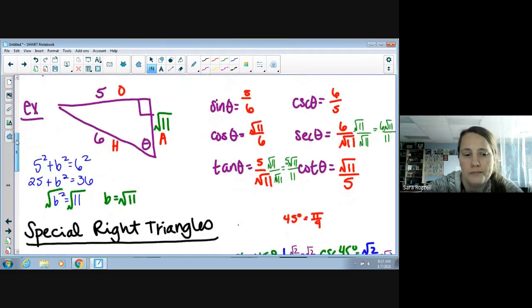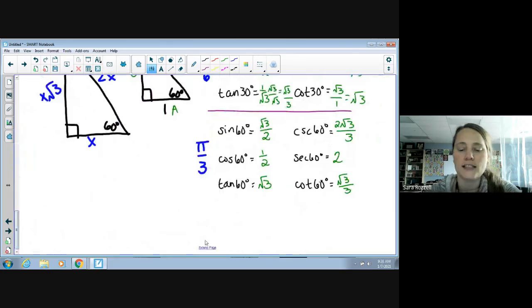Okay. And then our very last thing for today is to solve all of the pieces of a triangle. So we're going to put into place what we know about our trig functions and what we know about angles adding up to 180. So they're going to give us some of the pieces and we have to find all of it. So at the end of it, we want the length of all the sides, and also we want the angle measures, all three angle measures.